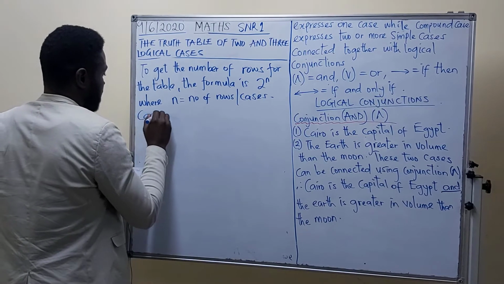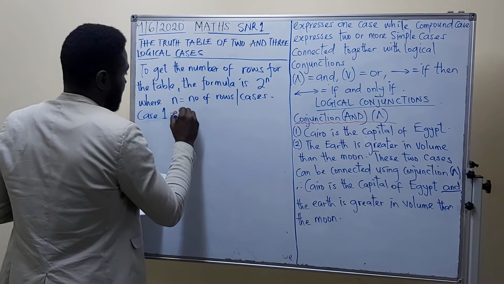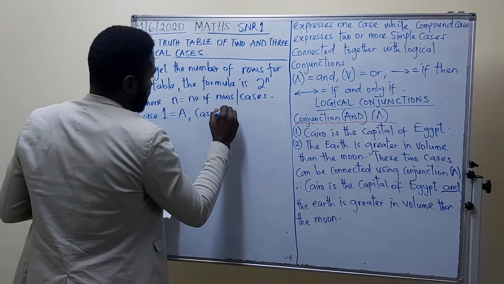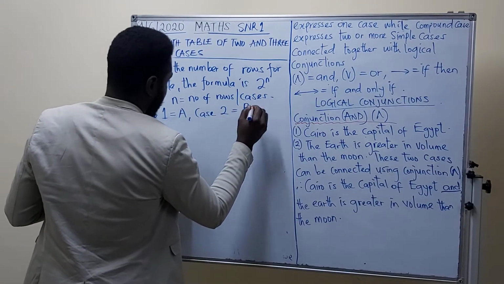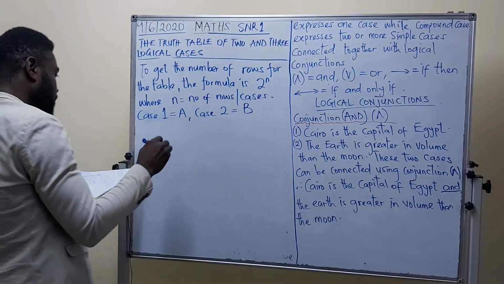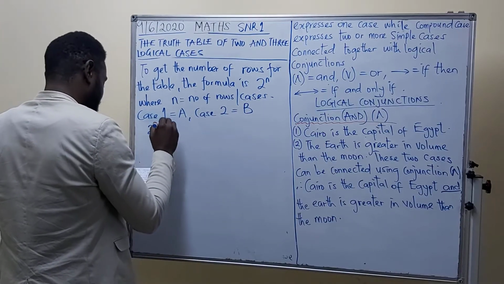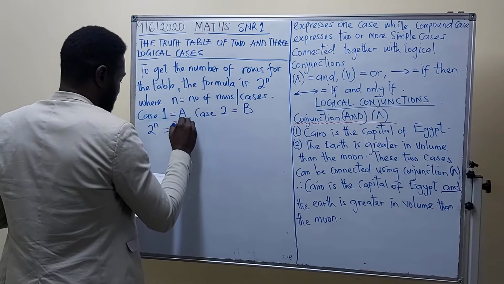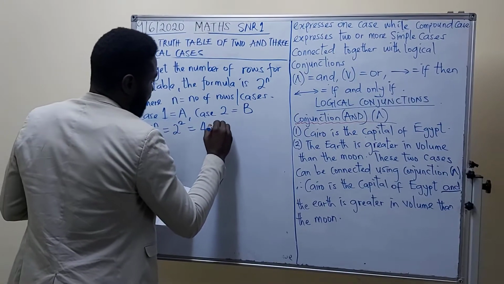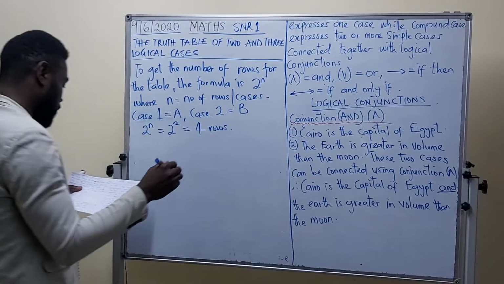Case 1 equals A, and case 2 equals B. So 2 raised to power n equals 2 raised to power 2. So we are expecting to have 4 rows.